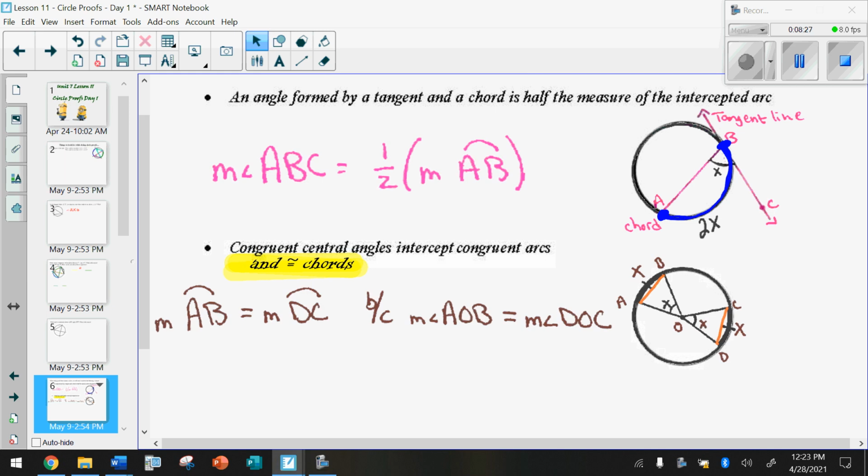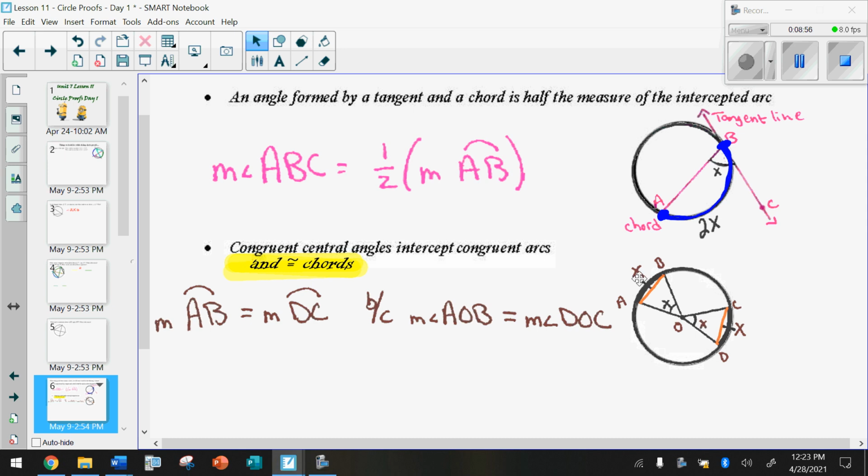Congruent central angles intercept congruent arcs, and congruent central angles intercept congruent chords. This information can be written in any direction. What I mean by that is if you're given the equal central angles, then you can conclude that you have congruent chords and congruent arcs. If you are given the congruent chords, then you can conclude you have congruent arcs and congruent central angles.